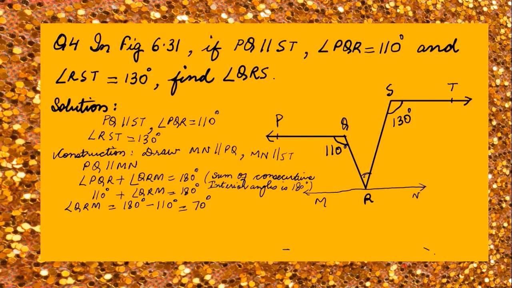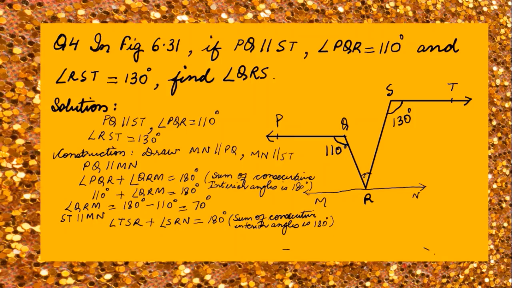Similarly, you can say from here, that ST is parallel to MN, then angle TSR plus angle SRN equals 180 degrees. Yes, the same reason, sum of consecutive interior angles is 180 degrees.